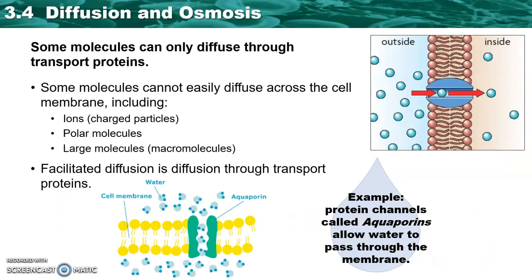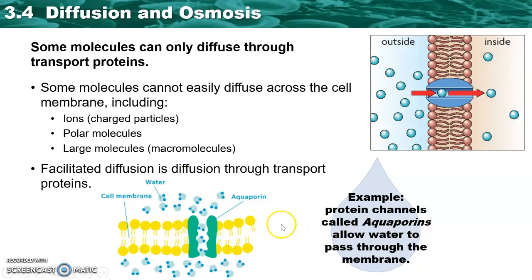Now, some molecules can only go through a special protein. They can't just go through the membrane on their own. That last slide, the molecule that we had talked about was oxygen. It's small enough to go through the membrane. It's nonpolar, so there's nothing to block it.